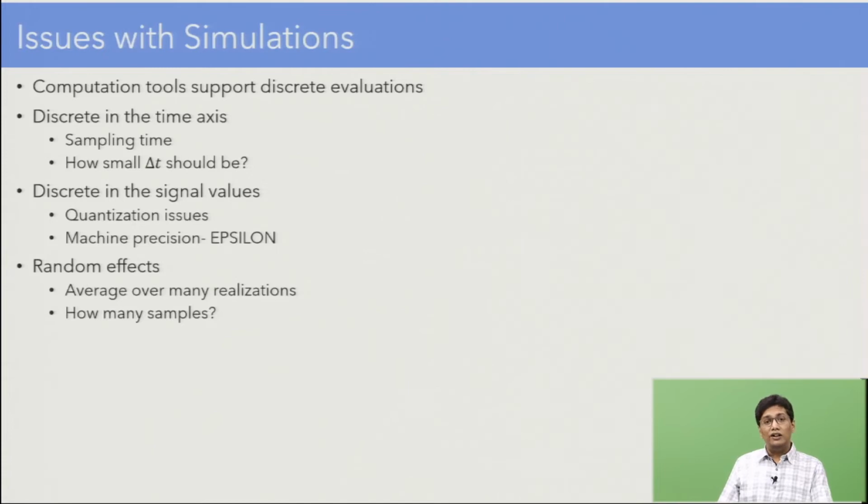Here, the more samples you take, the better average you get. But after some accuracy, if you keep doing more iterations, that may increase your simulation time, because the computer has a limit. It takes some time to do each simulation. So, if you want to do 10 times more simulation, it will take 10 times more time.